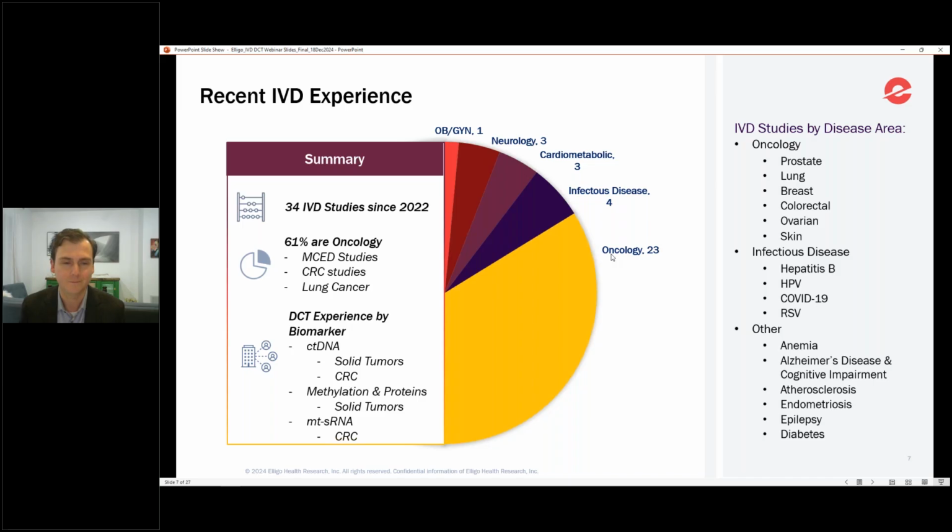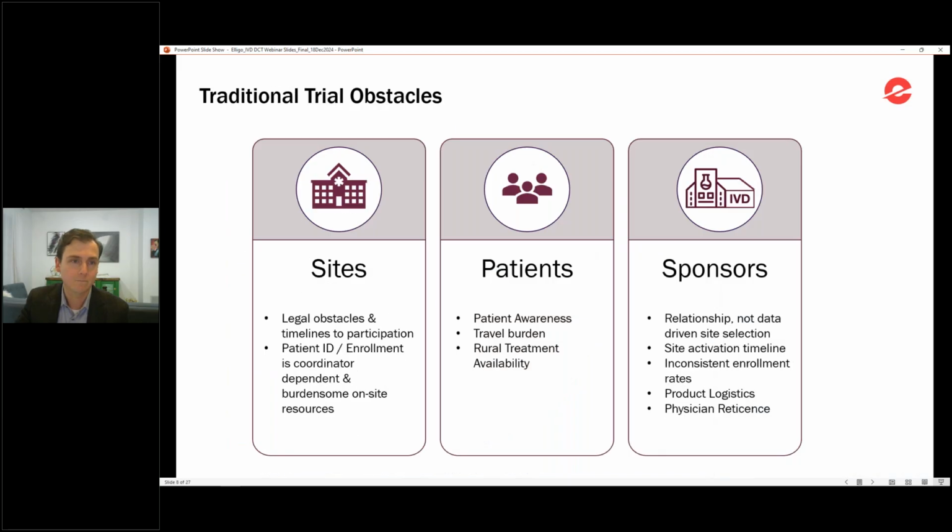The traditional model of brick and mortar sites was missing several factors when it came to diversity, especially as that became a top-of-mind topic when we're talking about FDA requirements. But there were also the traditional obstacles in general.